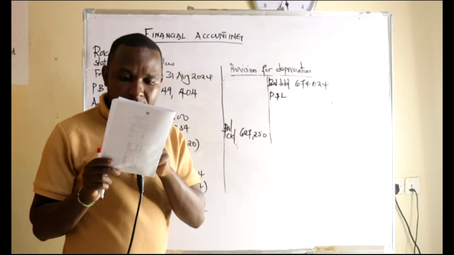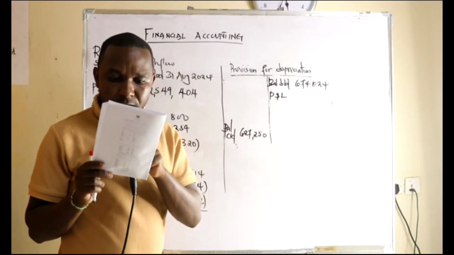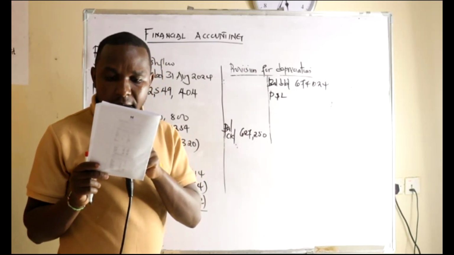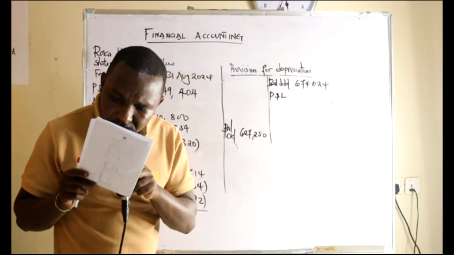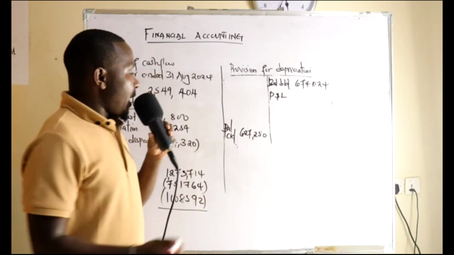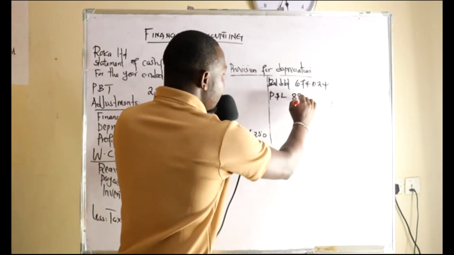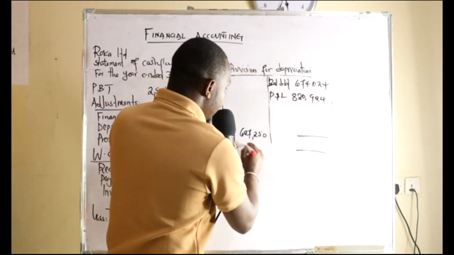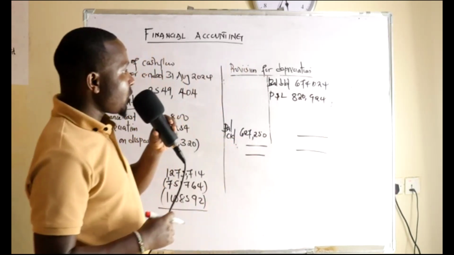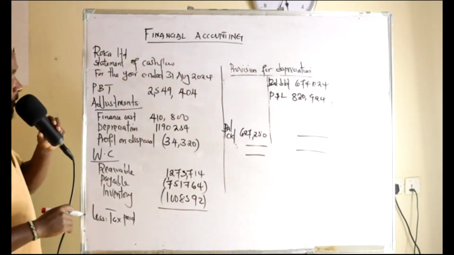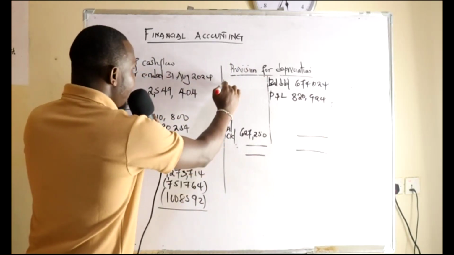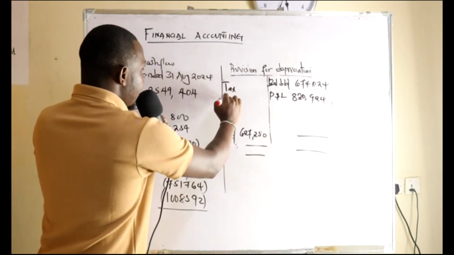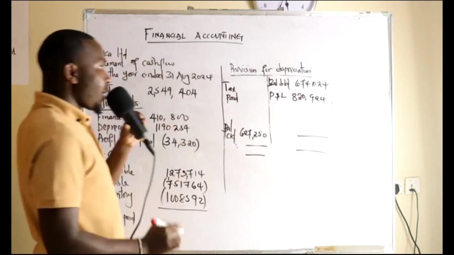The corporate tax is 820,924. So the balancing figure, my good learners, is the tax paid, which will fall under the debit.